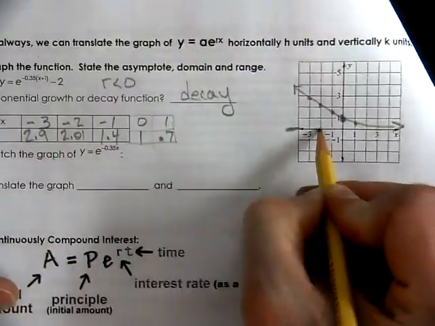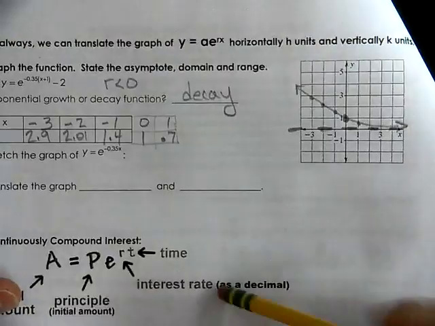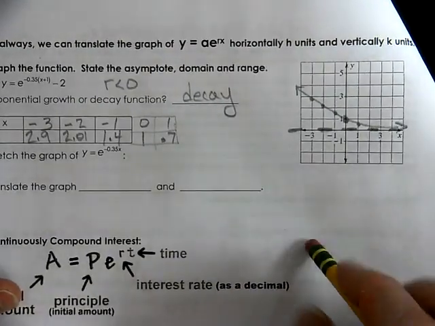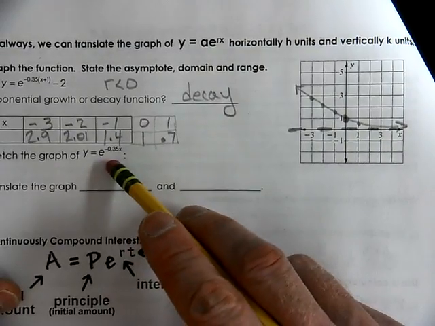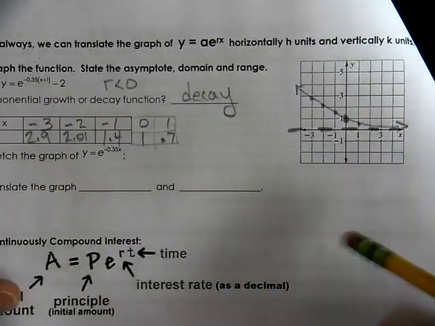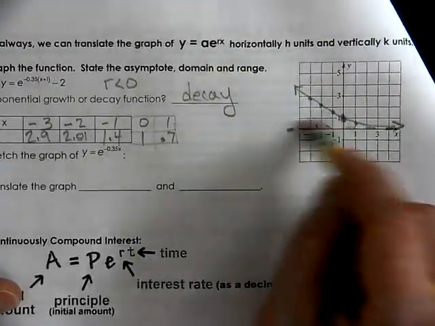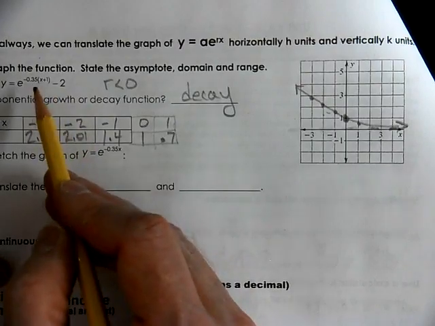We're going to have the asymptote here. Well, okay, take that back for a second. Sorry. This is an asymptote of the parent function, but this actually has a translation to it, doesn't it? So we like to save the asymptote for the translation. Very good.